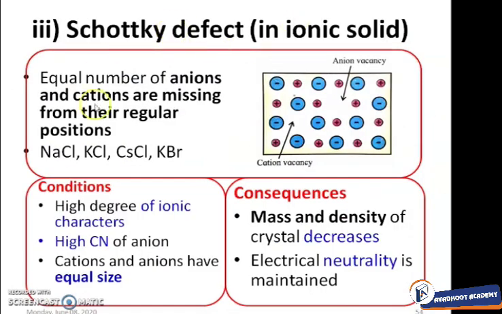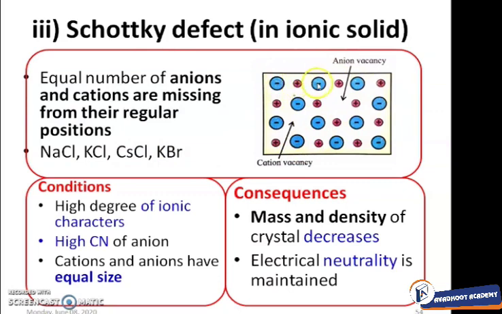The third example of stoichiometric defect is the Schottky defect. This type of defect especially occurs in ionic solids. In this case, an equal number of anions and cations are missing from the regular positions. Examples are sodium chloride, potassium chloride, cesium chloride, and potassium bromide. Now look at this diagram. This is the ionic solid.